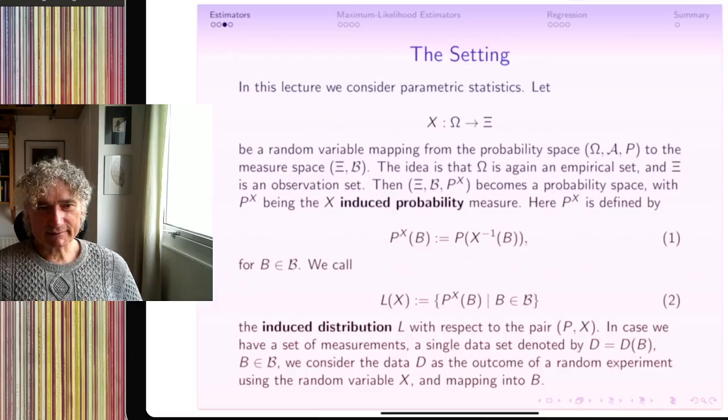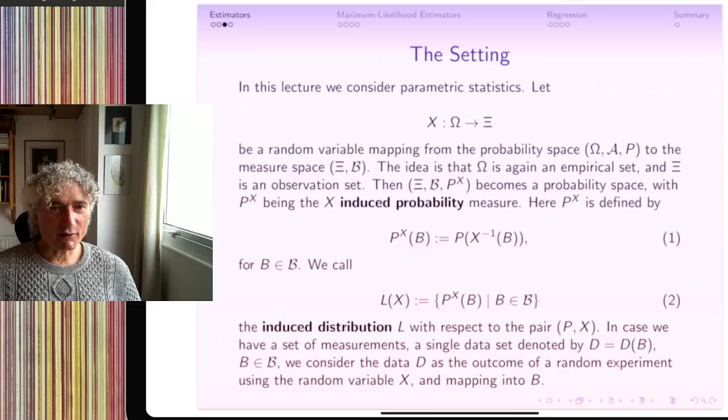Even if the process is deterministic, the data still might be stochastic because you have measurement errors. This is the general idea.